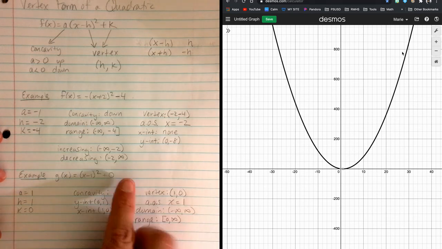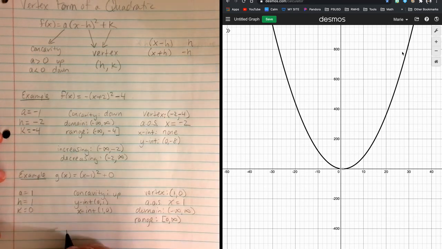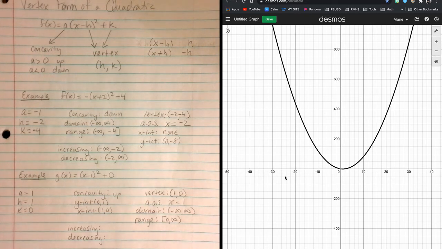So looking at my list up here, I can see the last thing I need to do is increasing and decreasing. In this particular case, remember we read left to right. When I start at negative infinity, I can see my function is decreasing right here.